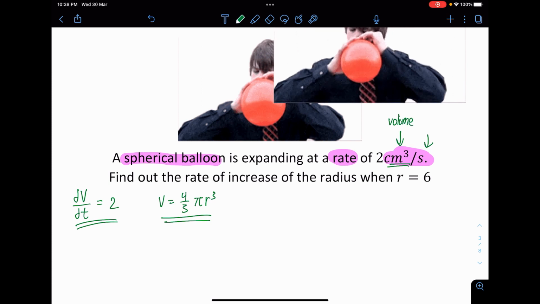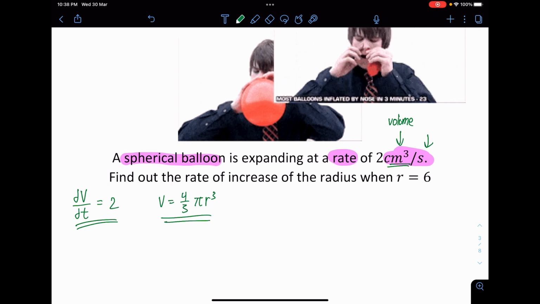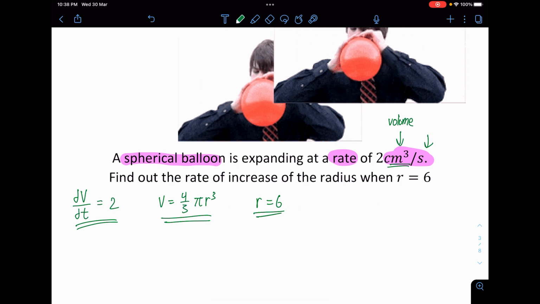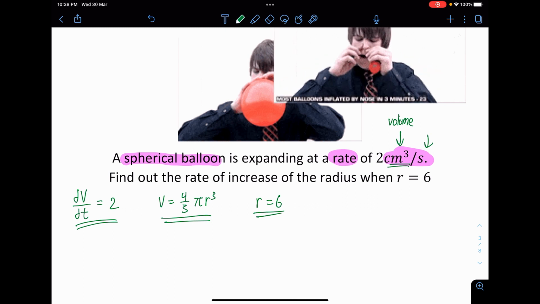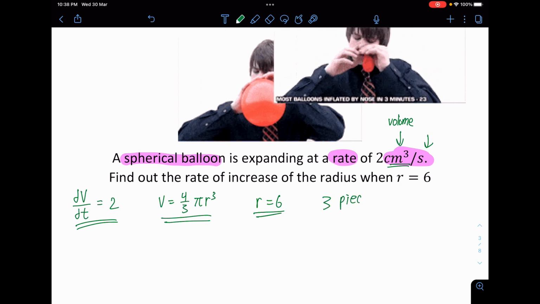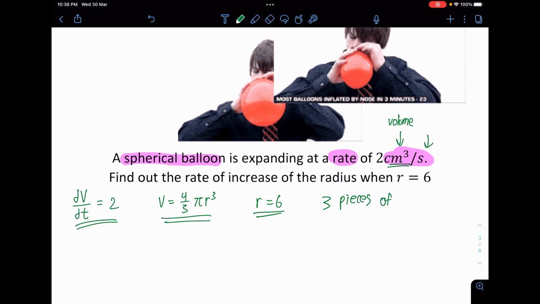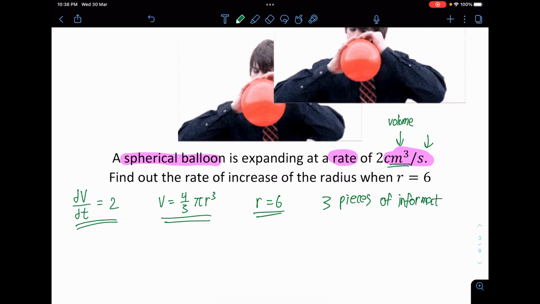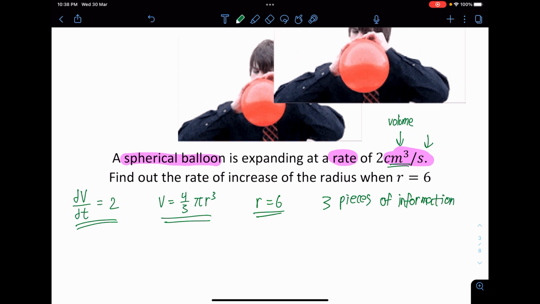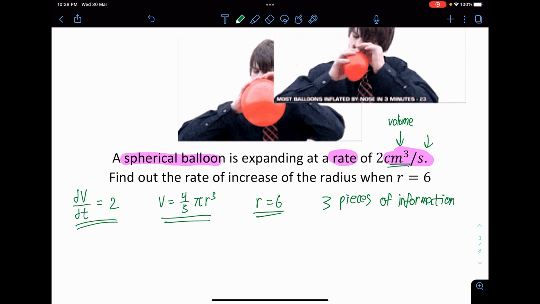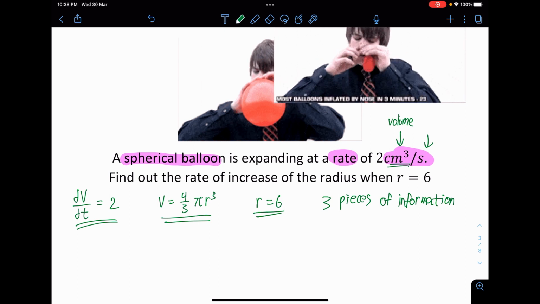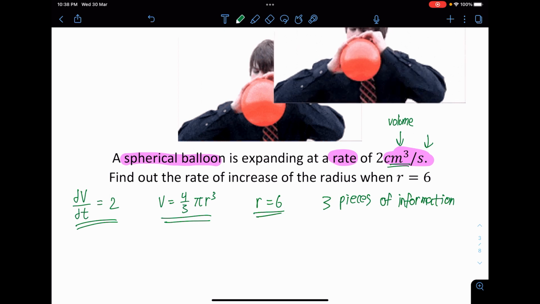And next, find the rate of increase of the radius when r is 6. Okay, r equals 6. Now, this is very, very important: 3 pieces of information. In a rate of change question, around 80% to 90% of the questions will start with these 3 pieces of information, and they will help you along the way.